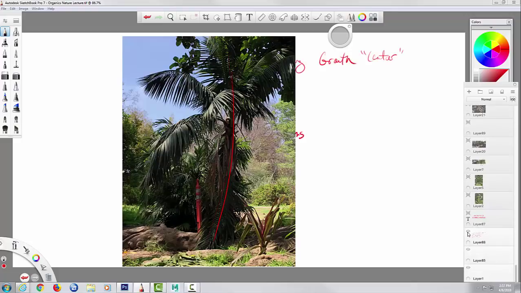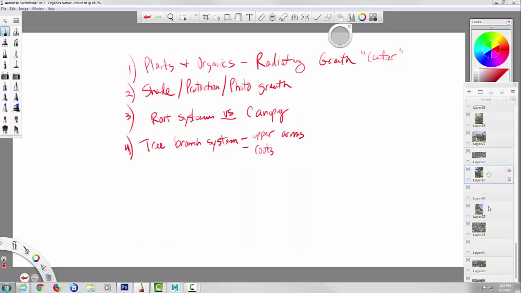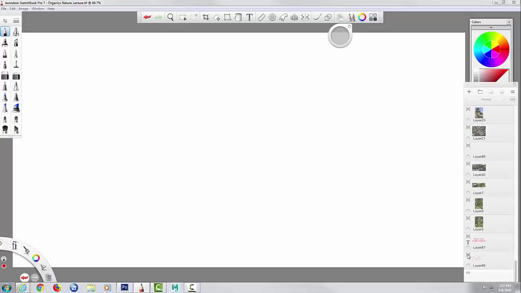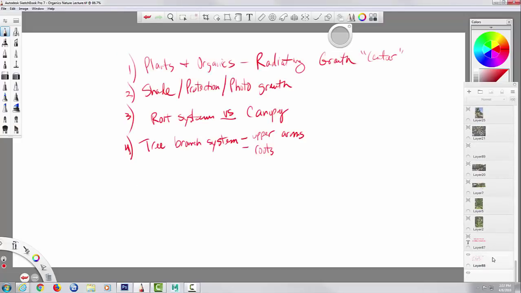I'm going to scroll back, turn on my other page here. Oops, helps if I turn that layer off. That's layer 26. So down here in our little notes section, I'll make a little note to myself right here. Topic number 5, let's talk about non-symmetrical trees.